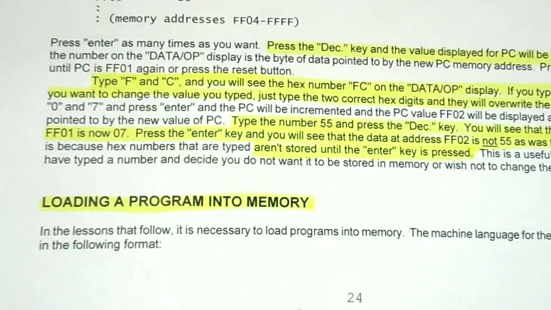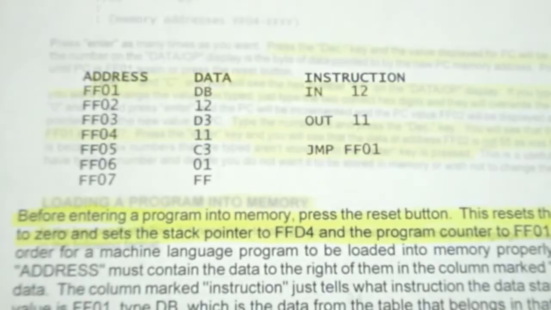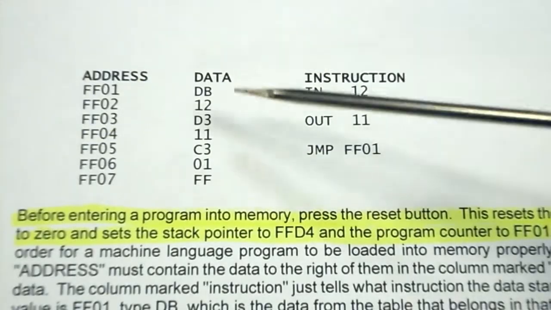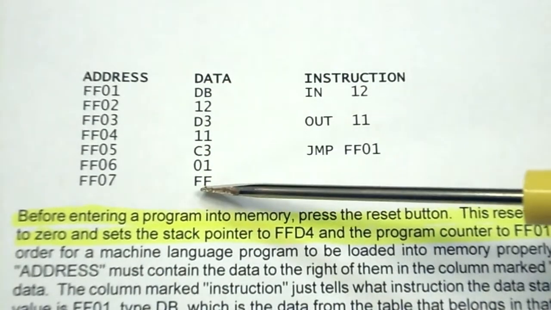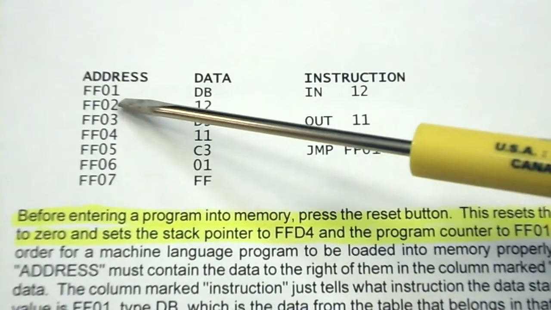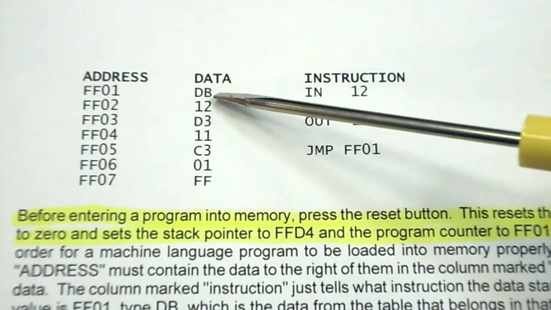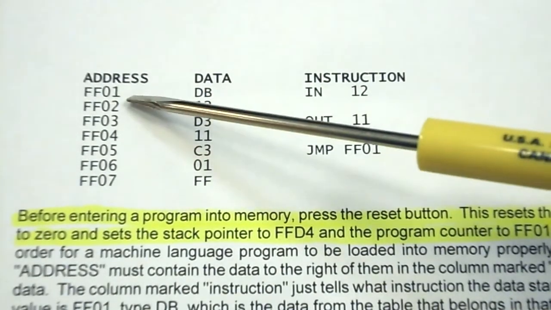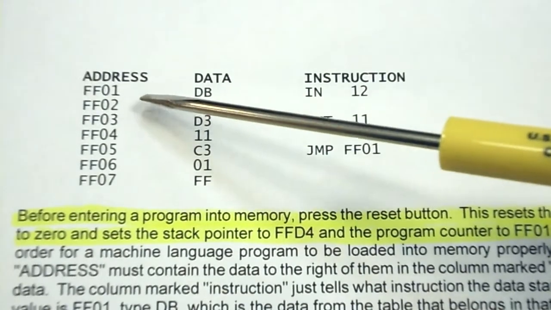So continuing on, we're now going to load a program into memory. Now this is the program that they want you to enter into memory. These are the memory addresses, and this is the data that they want you to enter into each of those individual addresses.